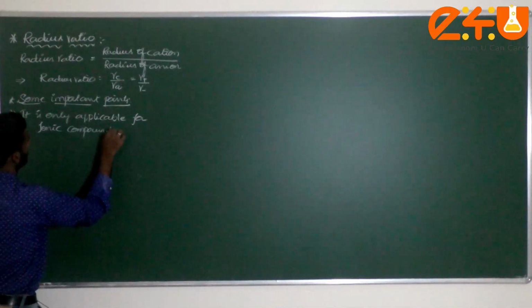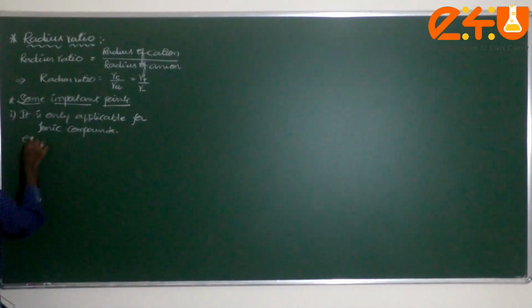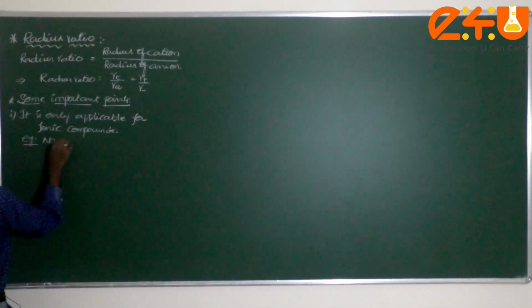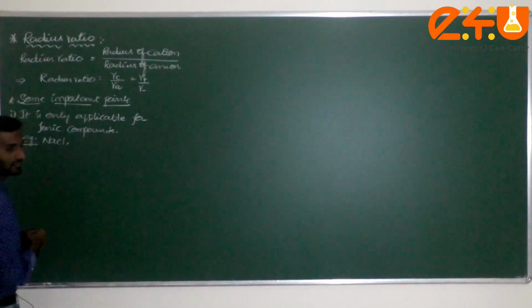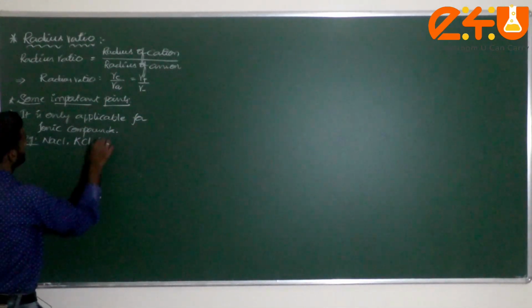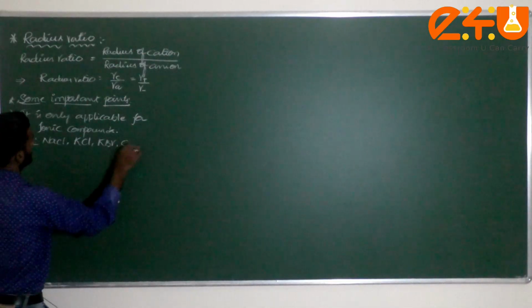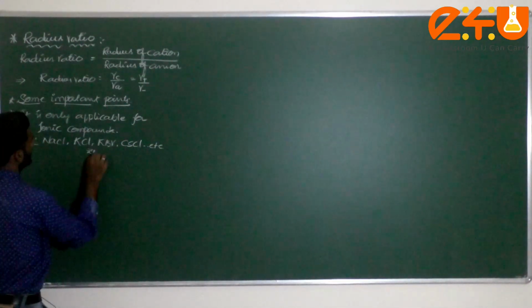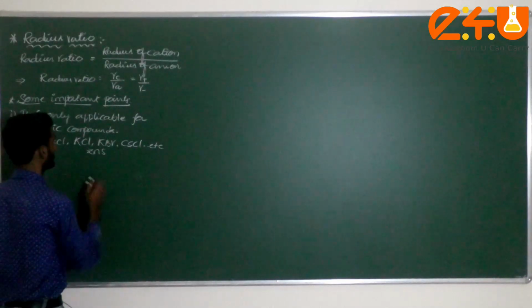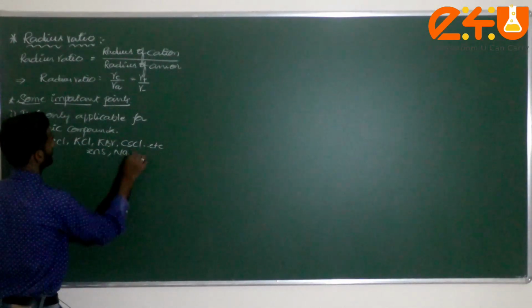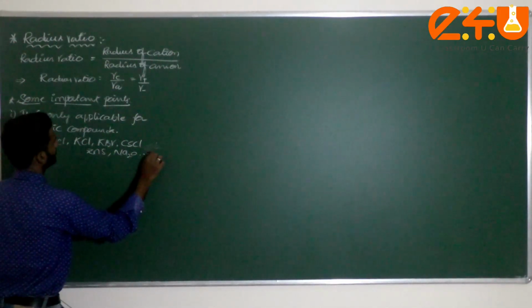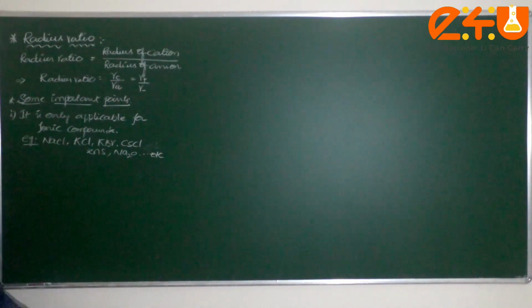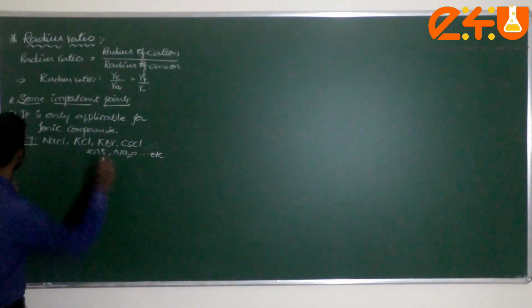For example, NaCl you can consider, KCl, KBr, CaCl, ZnS, Na2O and so on. These are examples for ionic solids.